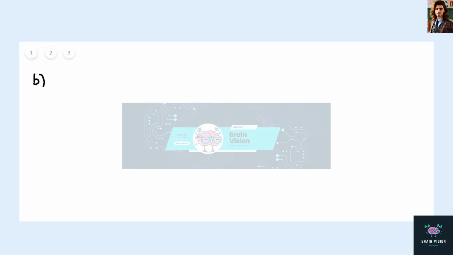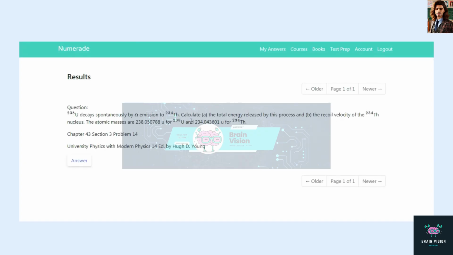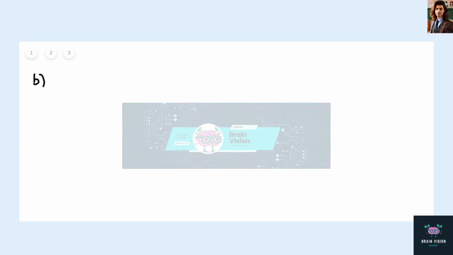What does the next part say? It asks you for the recoil velocity of the thorium-234 nucleus. Okay, so imagine this was a uranium nucleus sitting here, 238.